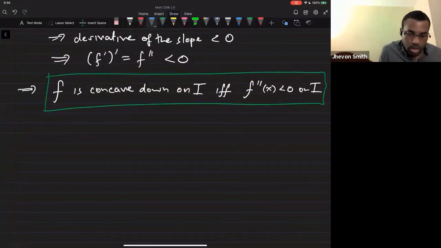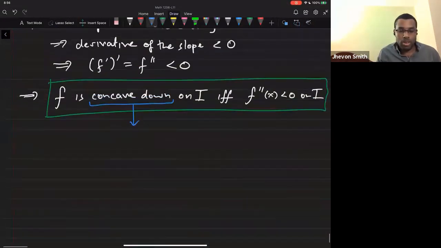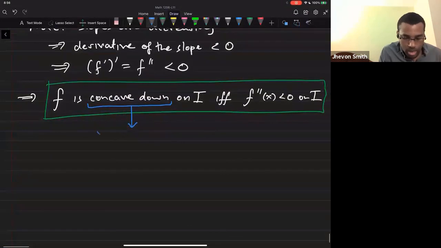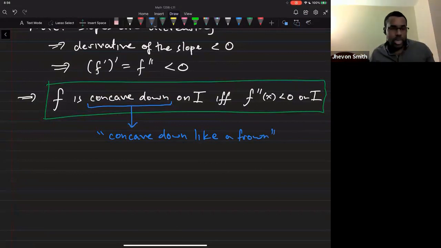So again, concavity is talking about shape. You'll notice that any guy that looks like this will shape like a frowny face. It's the opposite of a smile. So the mnemonic is concave down like a frown. You're down, you're negative, you're sad, you're doing the opposite of smiling.